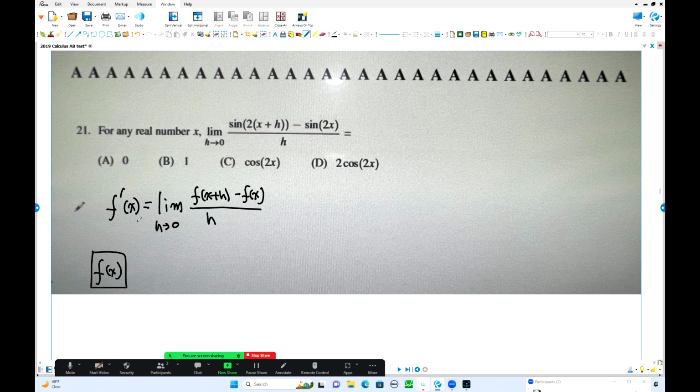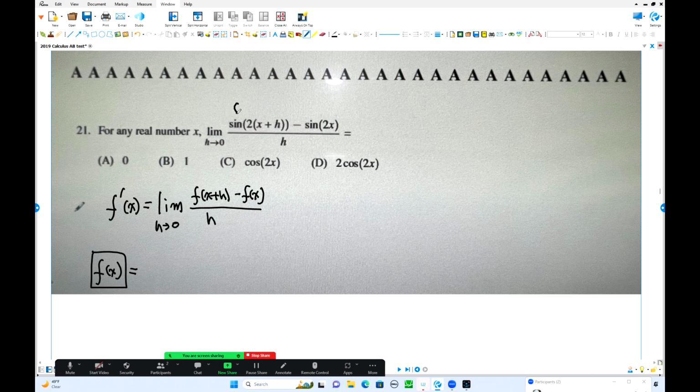This is f prime x. That is the definition. Check it out. Is this the same form, right? What is the f of x? F of x is the second one.